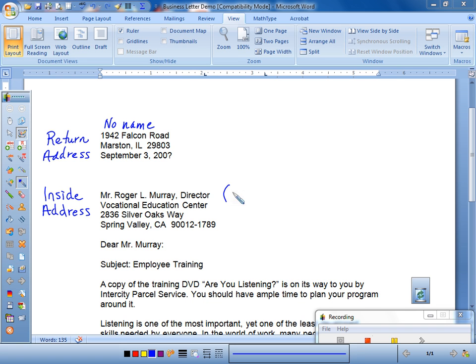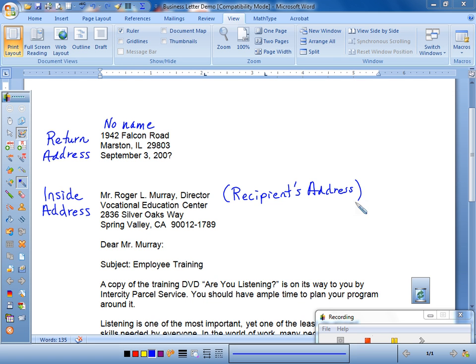In reality, it's the person receiving it. It's the recipient's address, but the technical name is the inside address. Okay, and notice that has everything. The person's name, their title, like this person's director. Most of the time, if it's a business letter, you're going to have the company name, of course, then the street address, city, zip code, etc.